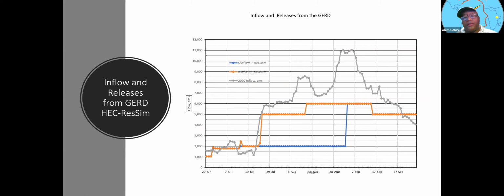The blue line is where the reservoir is set at an initial condition of 610 meters, and the orange line is 625 meters. The difference you see between the 2020 inflow, the gray line, and either the orange or the blue line is the volume.